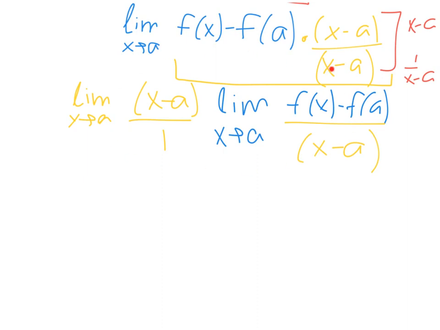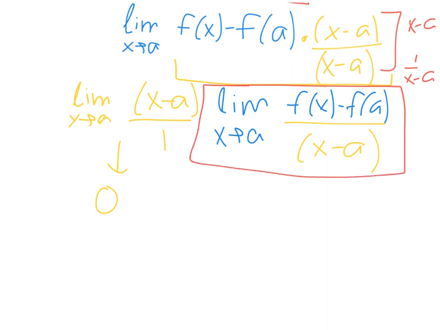Now, why did I do that? Well, we can start to evaluate some stuff here. The limit as x goes to a right here is clearly going to be 0, because x minus a is going to be 0. What we're looking at over here, the way that I wrote this, is the limit definition of our derivative. If you need to, go back to the first slide where we introduced that; it's the exact definition.